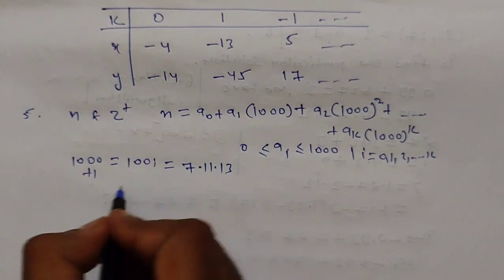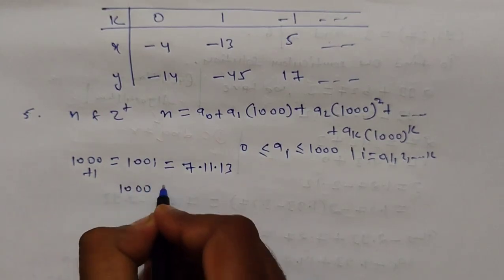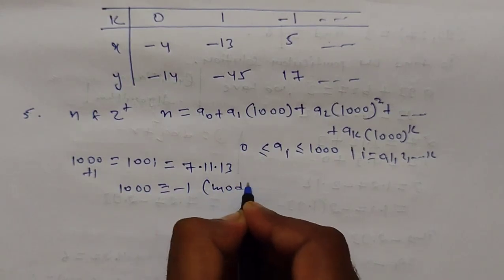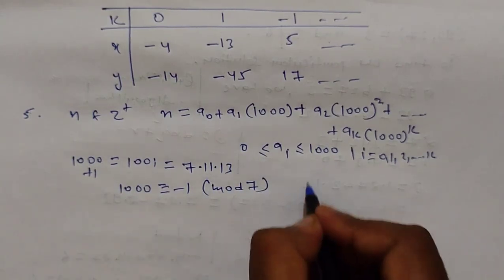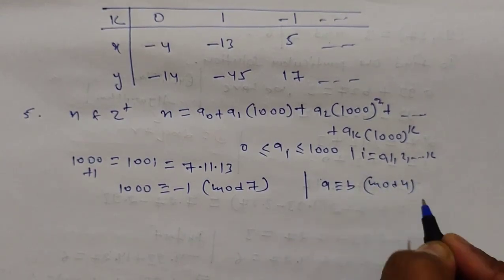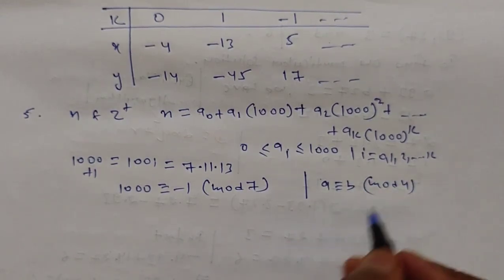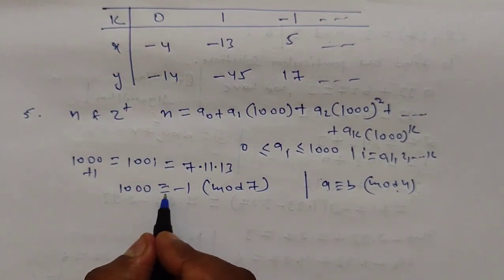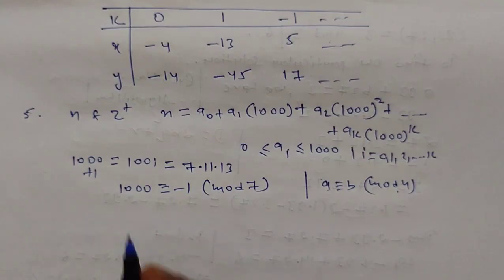Now 1000 is congruent to minus 1 mod 7. We are using that a is congruent to b mod n means n divides a minus b, or n divides a and gives remainder b. So simply, 1000 is congruent to minus 1 modulo 7.